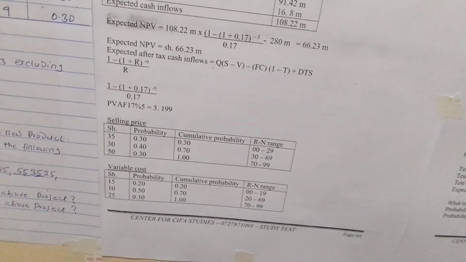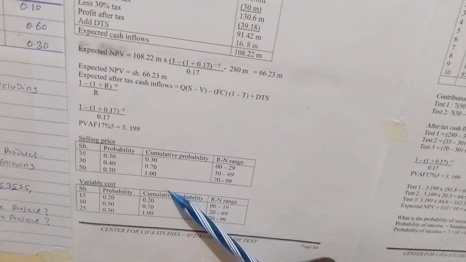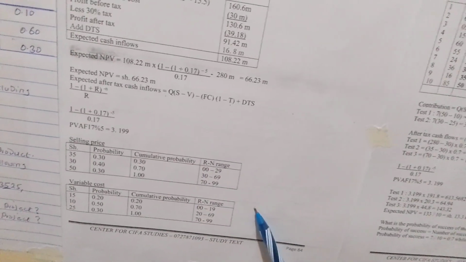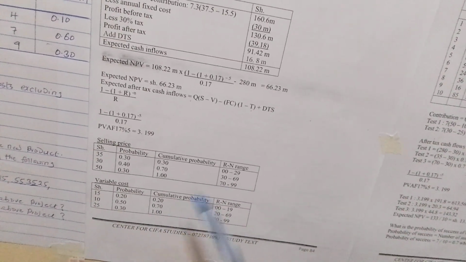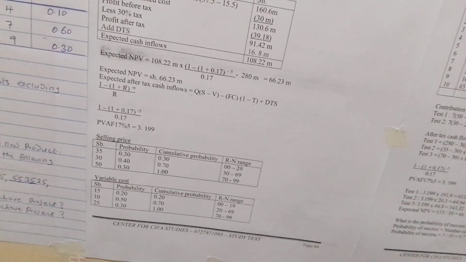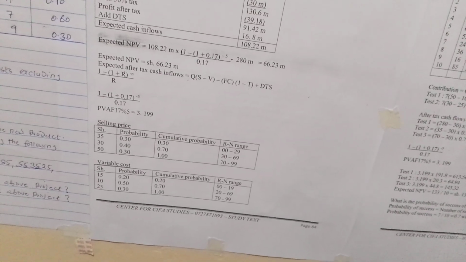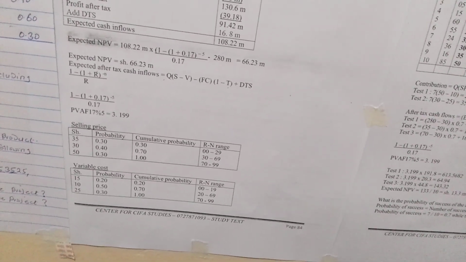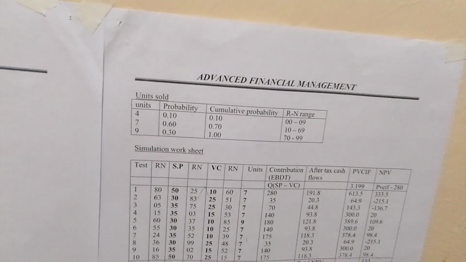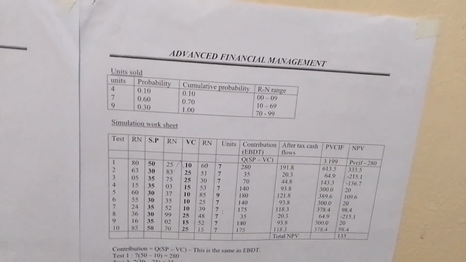Then variable costs, the same: accumulate those numbers and establish the range. We establish the range because it helps us to know the variable cost, because you pick a certain random number and then ask yourself what it lies between. And lastly, the units sold, we do the same.